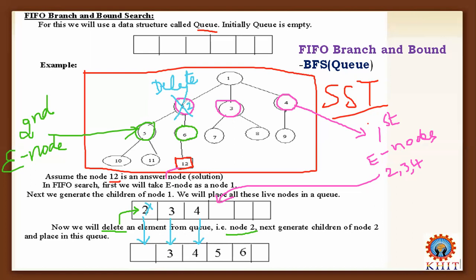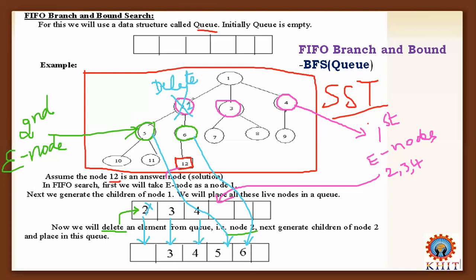If node 2 is deleted, then in the second iteration, 2 E nodes are available, namely node 5 and node 6, and these are to be placed in the queue. Why am I placing node 5 and node 6 in the queue? Because node 2 is removed.